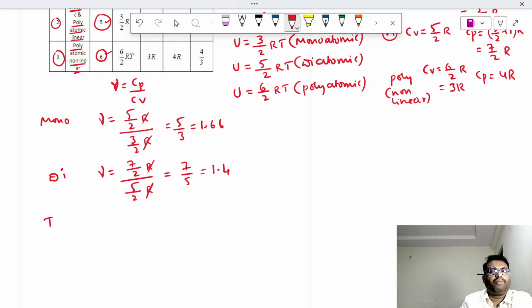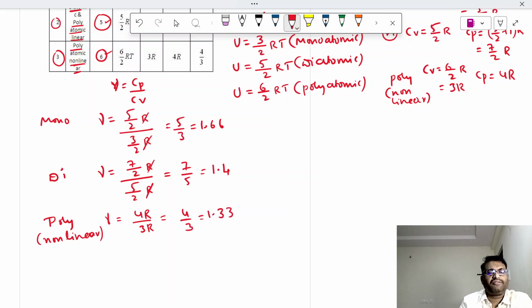For non-linear polyatomic gas, or triatomic gas also, 4R by 3R, which is 4 by 3, 1.3.